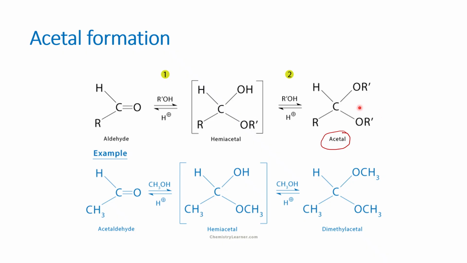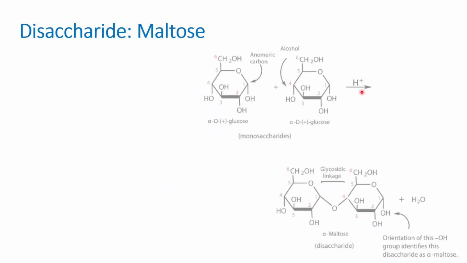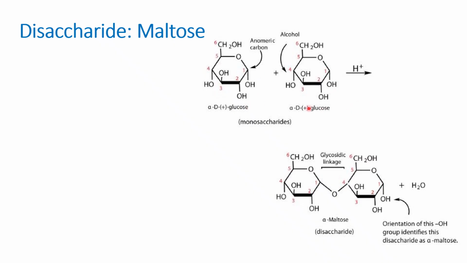So now let us go back to the carbohydrates. In the monosaccharides, for example here, we see that alpha D glucose has the anomeric carbon, and this anomeric carbon has an OH group, and this is a hemiacetal.